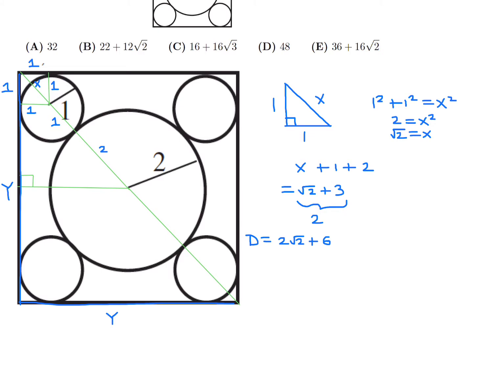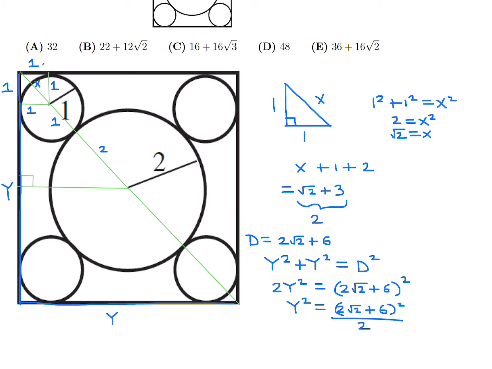And here we go. So y squared plus y squared is equal to the diagonal squared. So this means 2y squared is equal to the diagonal squared, which is 2 root 2 plus 6, all squared. All right? And therefore, if I isolate for y squared, I'll get 2 root 2 plus 6 squared over 2.